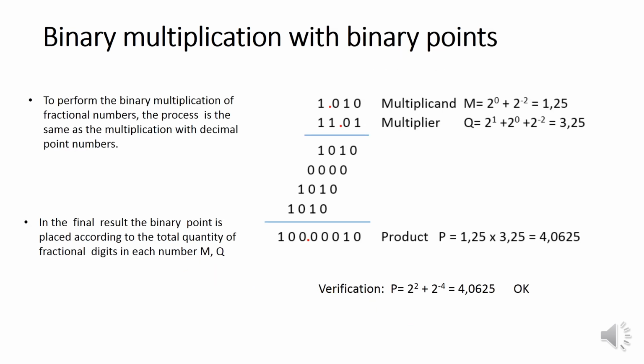This slide explains the binary multiplication of fractional numbers. That means the binary numbers with binary points. The process to perform the multiplication of binary numbers with binary points is the same as the multiplication with decimal points.